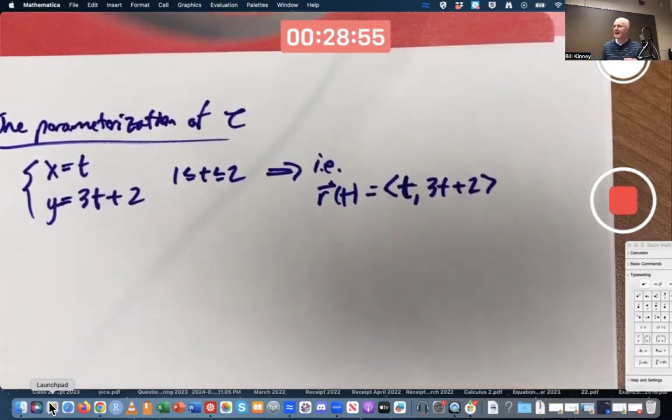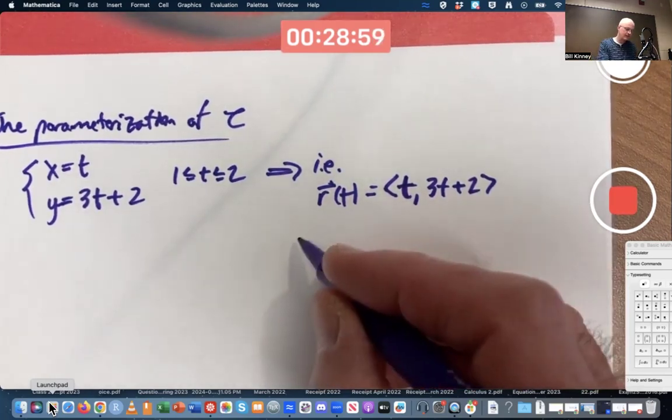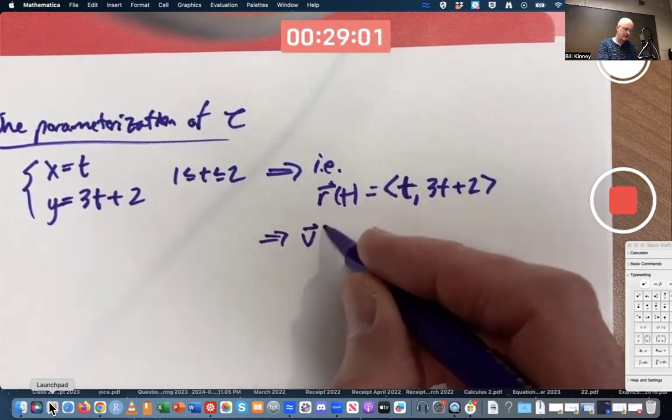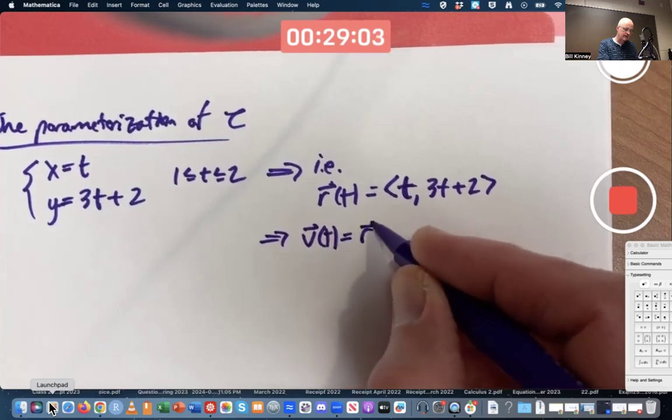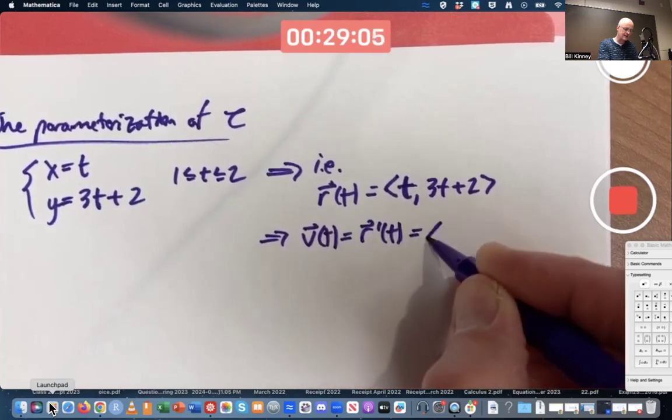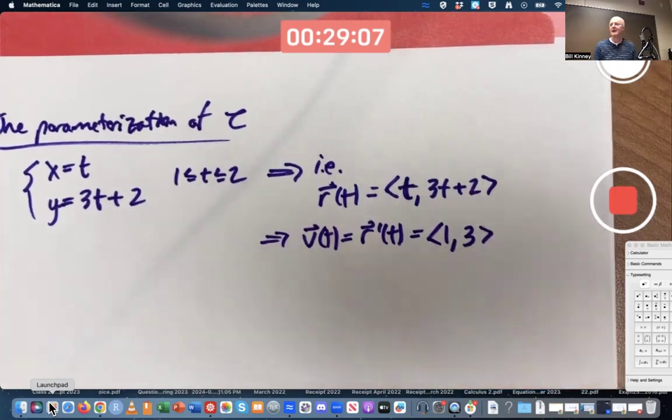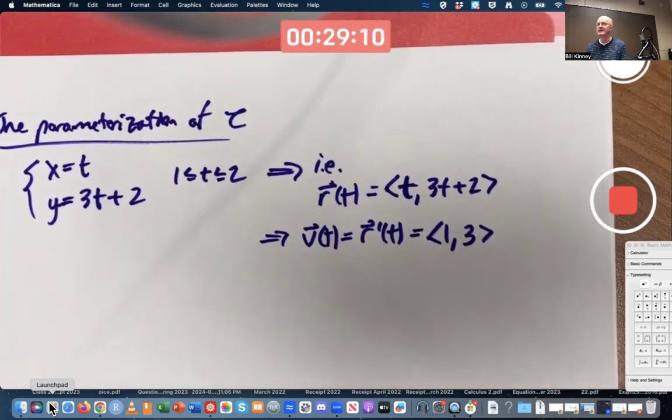And that's going to mean the velocity vector for this parametric curve is constant. This implies the velocity vector, which is the derivative of the position vector, is constant 1 comma 3. And it also would imply the acceleration vector is 0.